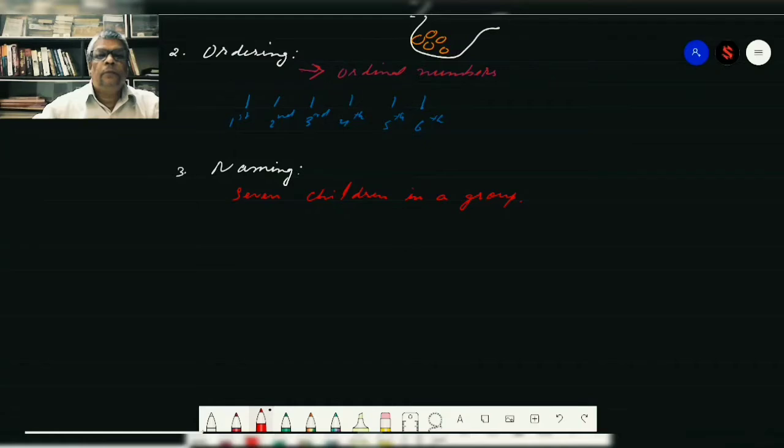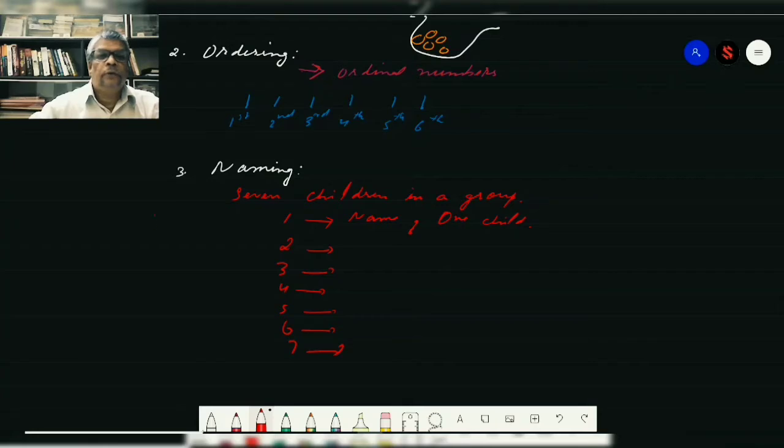We can name them by the numbers, giving them numbers. One is the name of one child. We can call them by numbers 2, 3, 4, 5, 6, 7.